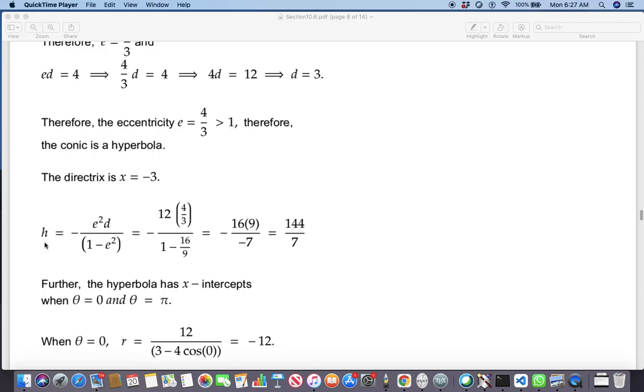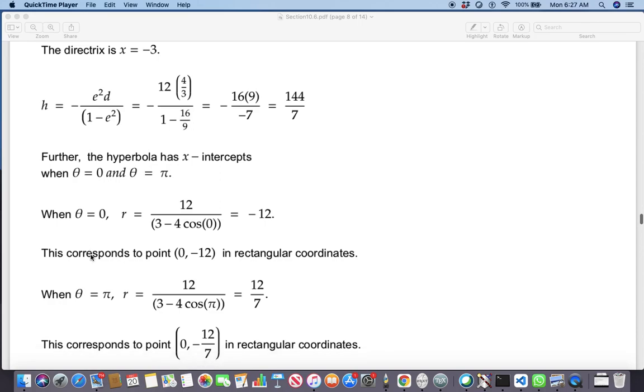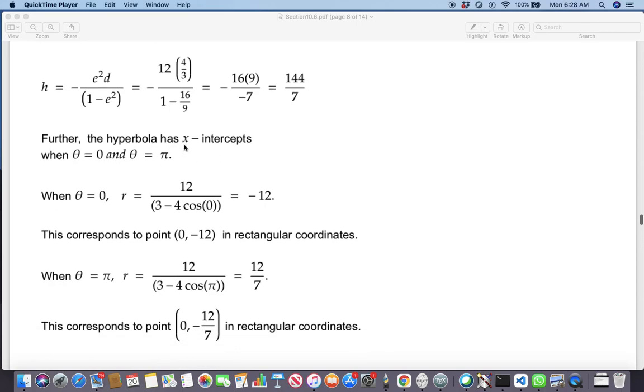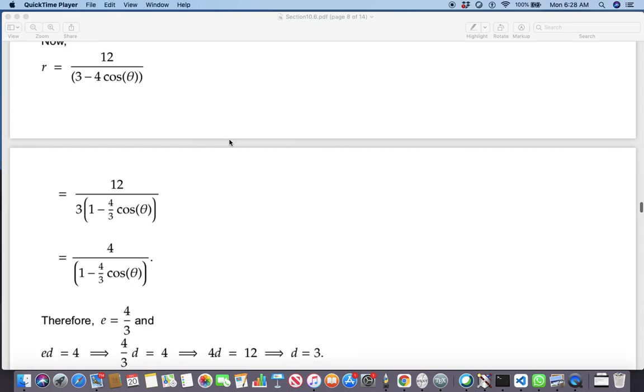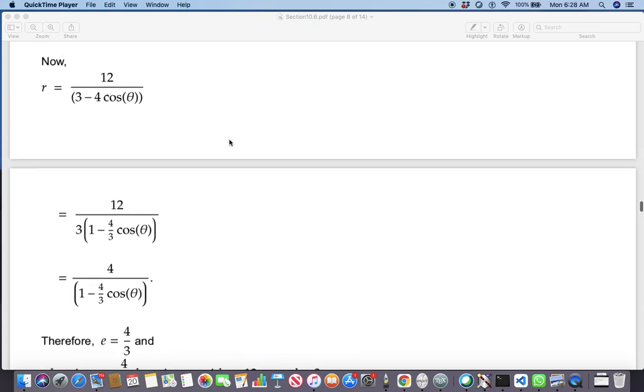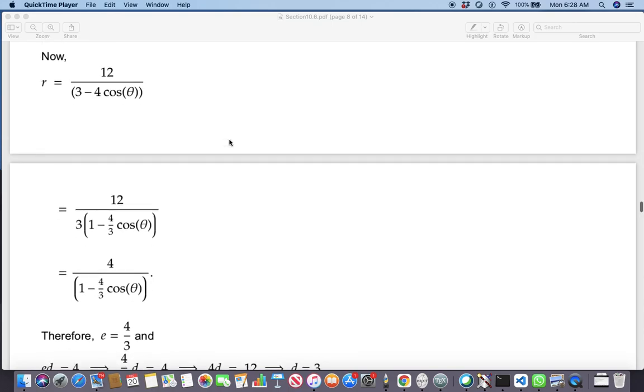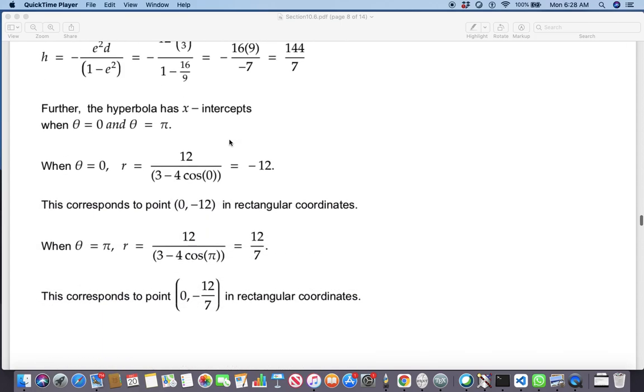You can solve for the vertices using your formula. You can also find the x-intercepts. When you have a hyperbola, you can find x-intercepts as long as the directrix is perpendicular to the x-axis.